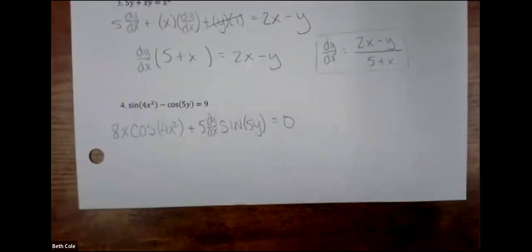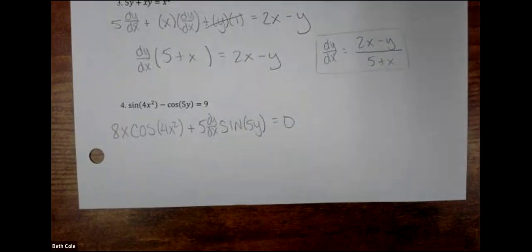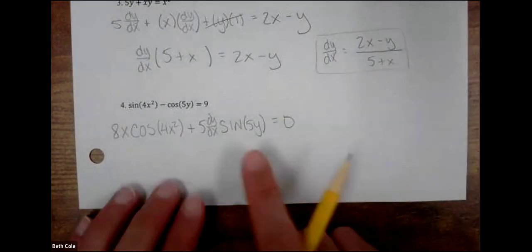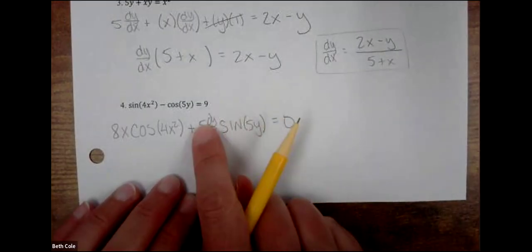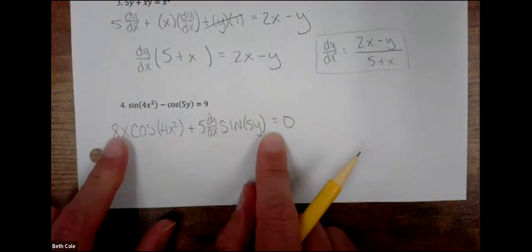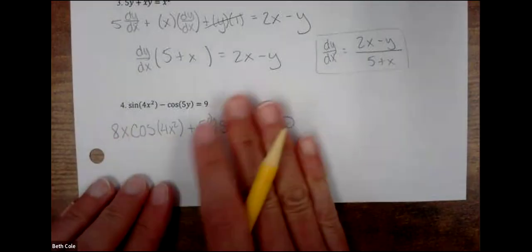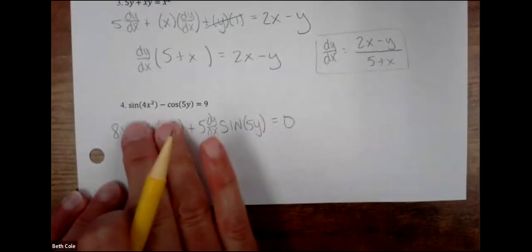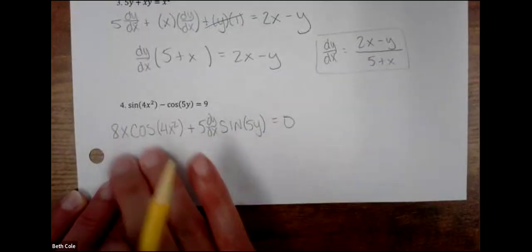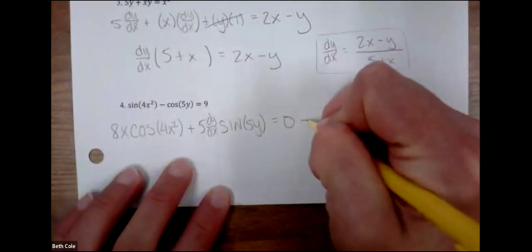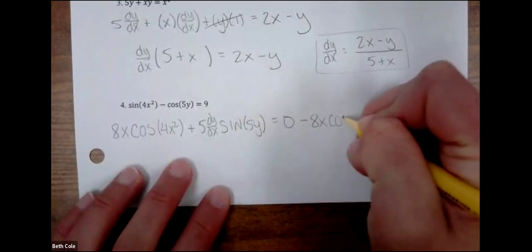Oh my gosh, awesome. The most common mistake is people will write equals 9, and in multiple choice, they will always make that one of the wrong answers. But the derivative of a constant is 0. Okay, so just be really careful. All right, now we have to get dy dx by itself. This, believe it or not, is only 2 terms. This is all one term, and this is all the other terms. So I'm going to leave this one where it is. I want to subtract all of this to the other side. All right, so it's going to be minus 8x cosine blah, blah, blah.